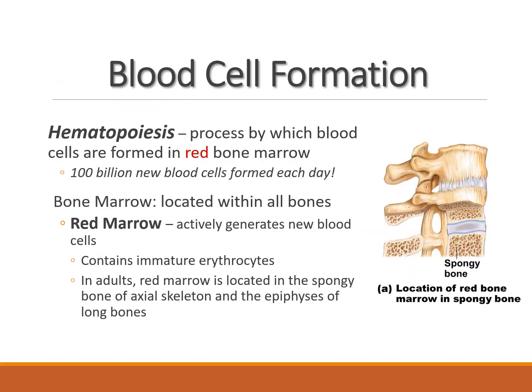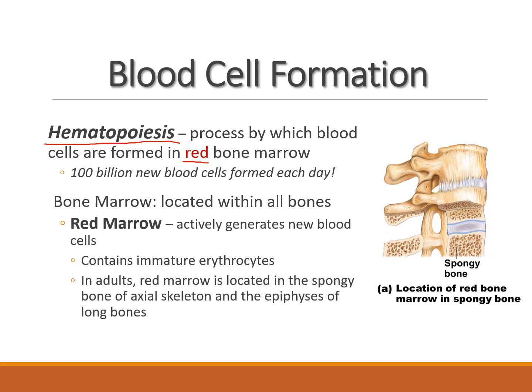So where do all these blood cells come from? A lot of us know that the bone marrow is what is producing our blood cells. So this whole process of producing blood cells in the bone marrow is called hematopoiesis. So I want you to know that term. Hematopoiesis is the production of these blood cells. And when we talk about the bone marrow, we're specifically just talking about the red bone marrow.